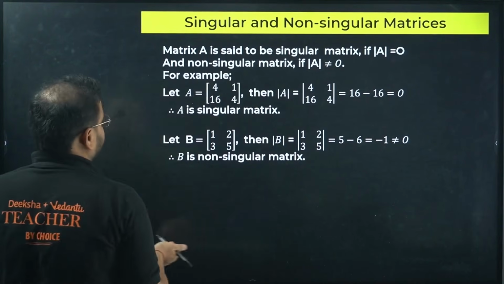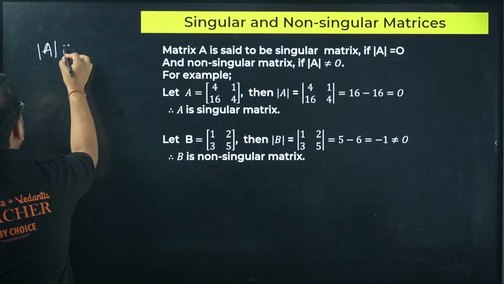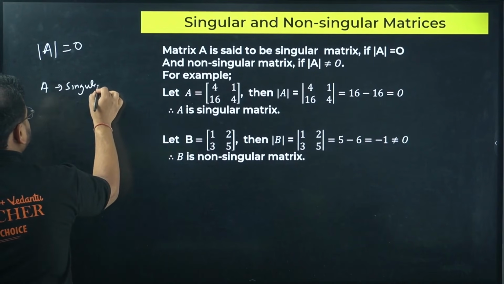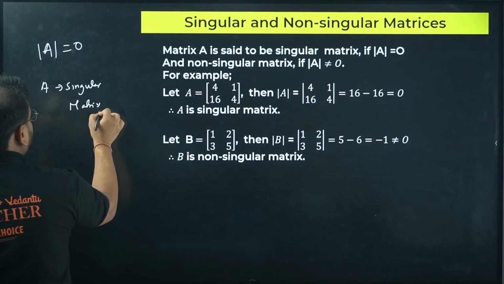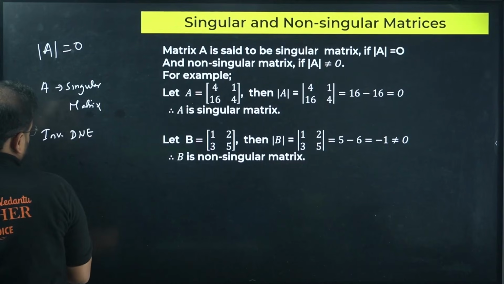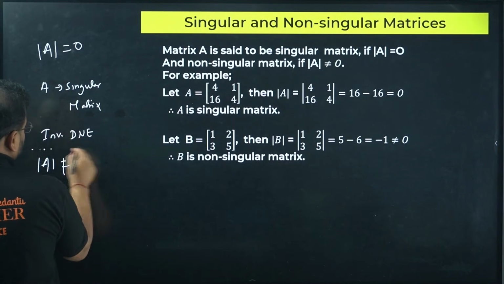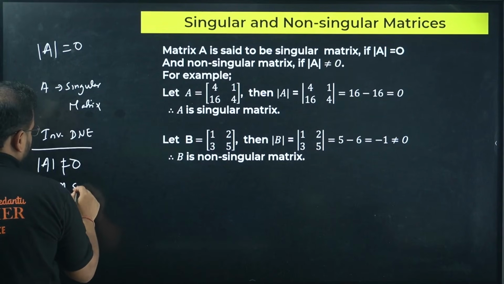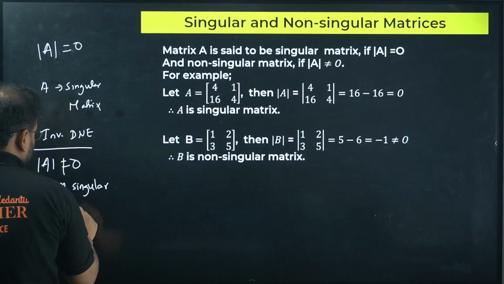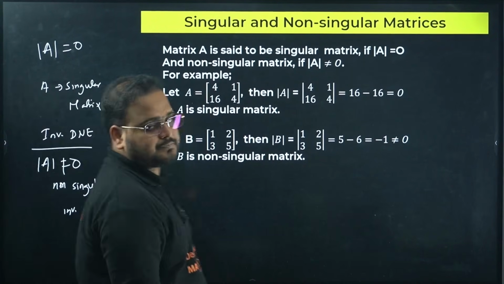For that you have something called singular. When the determinant of the given matrix is 0, then matrix A is called a singular matrix, and you say that inverse does not exist. When it is non-zero, then you say it is non-singular, and then you say inverse exists. As simple as that.